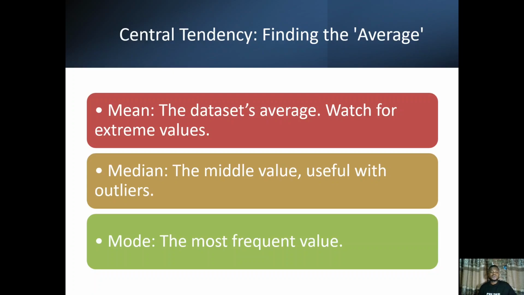And then of course you also have the median. The median here is just talking about the middle number. It is useful because through the median you're able to know the outliers that are in your data. Then the mode, which is the most frequent value. We also have variability.